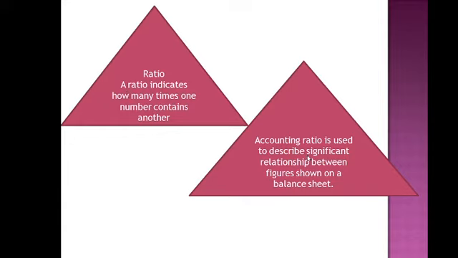All right, now accounting ratio. Accounting ratio is used to describe a significant relationship between figures shown on a balance sheet, in a profit and loss account, in a budgetary control system, or in any other part of accounting organization.